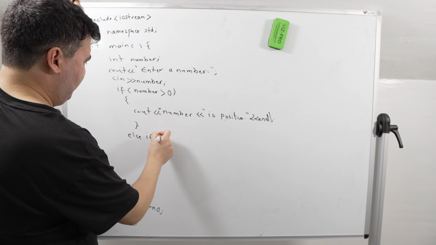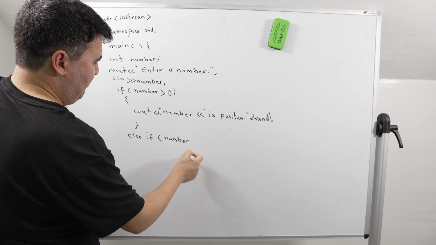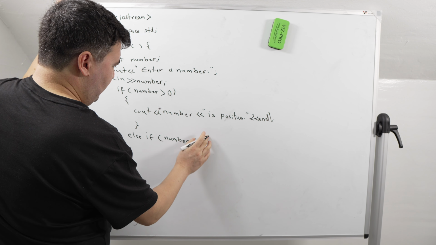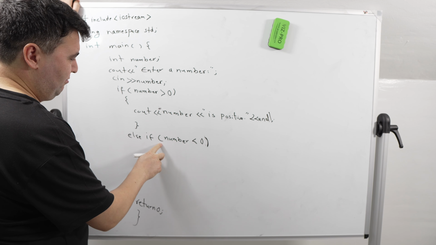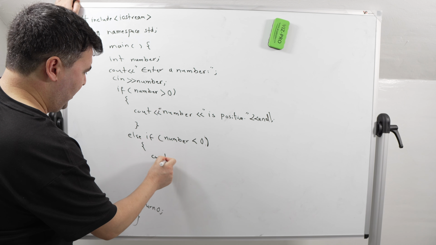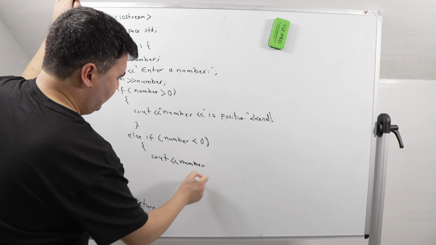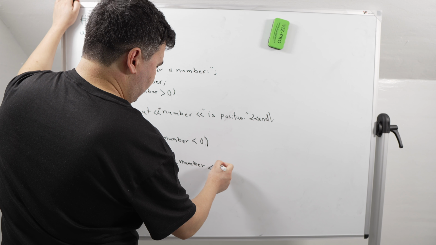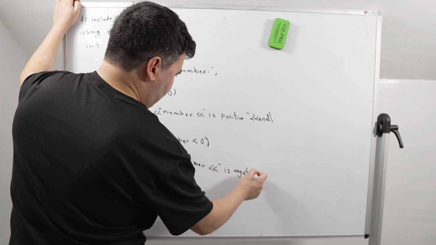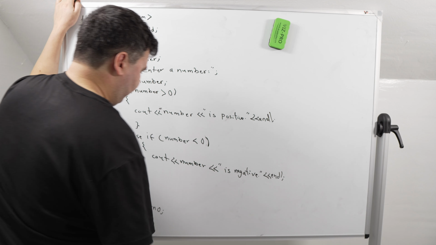We check else if the number is smaller than 0, inside parentheses for the if, and then we write cout, "Number is negative" because it is smaller than 0, endl.